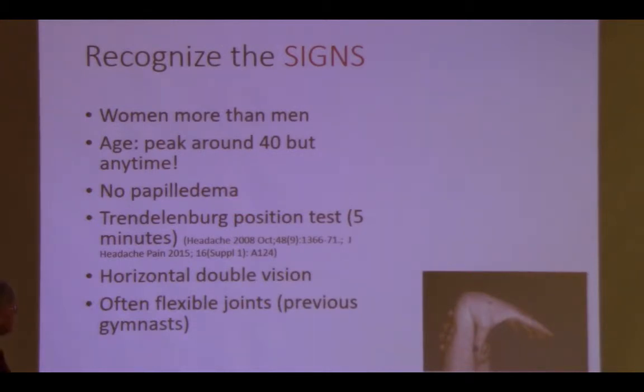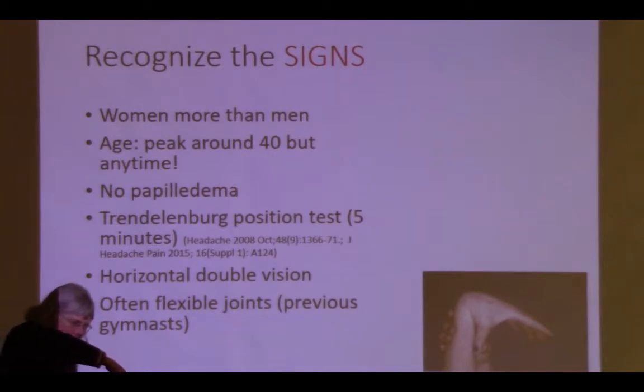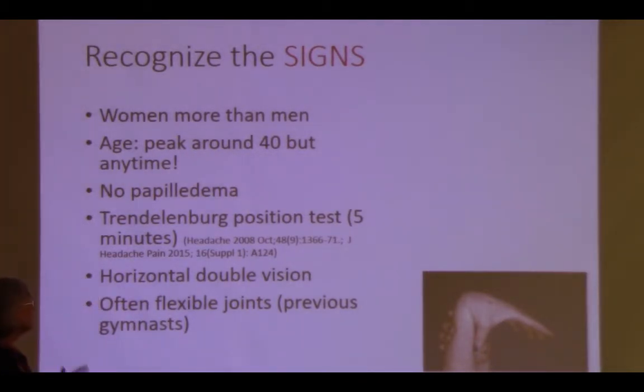There is a test that we sometimes do called a Trendelenburg test. That means we put the head down, the legs up, and after 5 minutes see if the headache gets better. Because you can imagine you're kind of increasing the pressure in the head a little bit, so if you've got low pressure and you increase the pressure, it might make the headache better. It's not a perfect test, but it's something else.